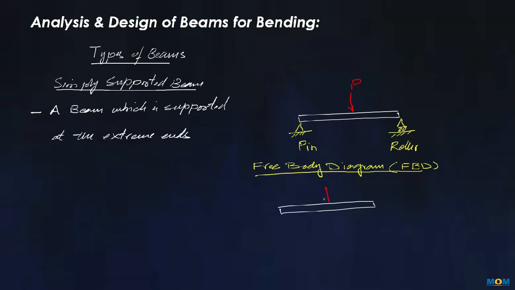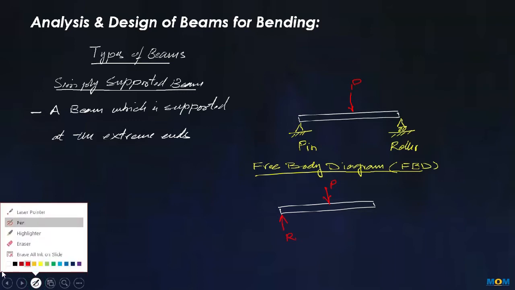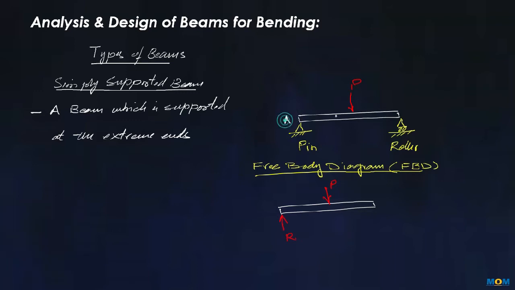So this is the load P, and here the number of reactions are going to be, let's say this is A and this is B, and the length that is of L. Now at A the reaction is going to be RAY, and here we would be having RAX, and at B we are having only one reaction, that is RBY.